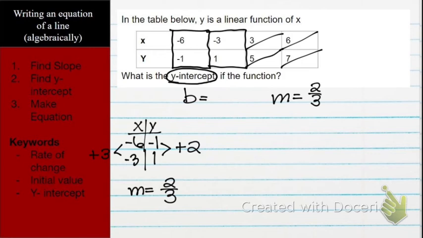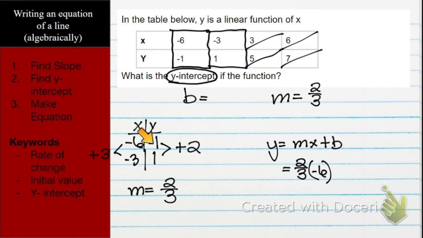Now once I find m, I have to plug everything that I do have into y equals mx plus b. Under m, we're going to put 2/3. We need our x, and we need to find out what our y is, so I'm going to go back to my table. I can go to this table or my mini table. The x we have was -6, so under x I'm going to put -6.